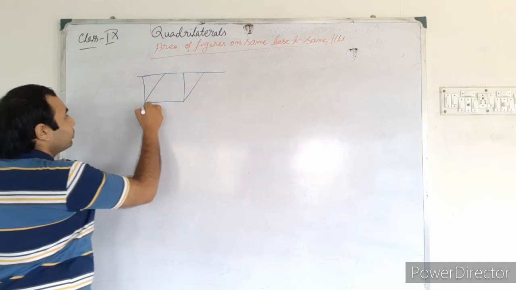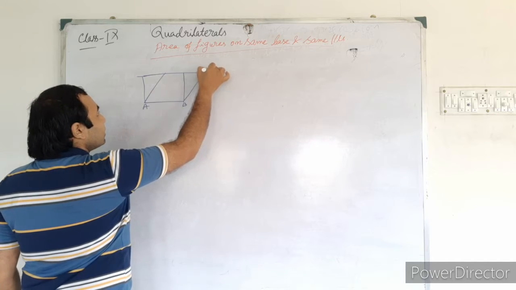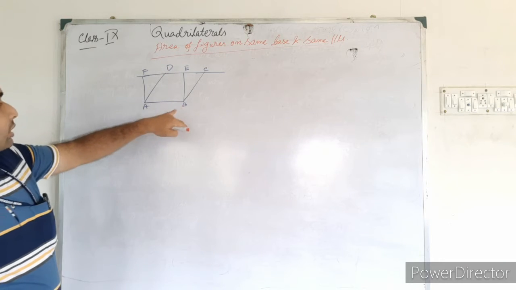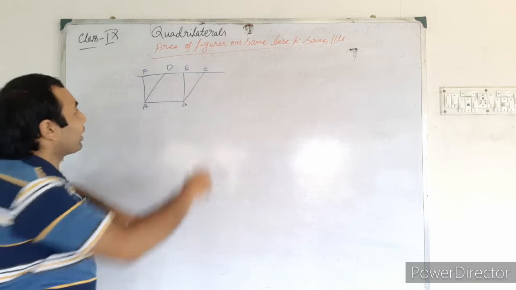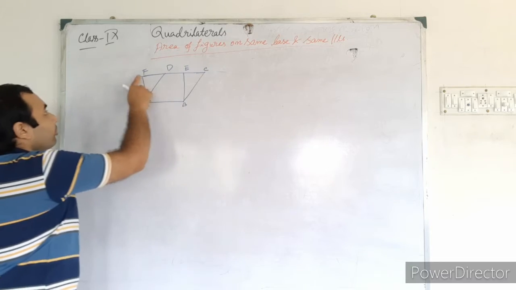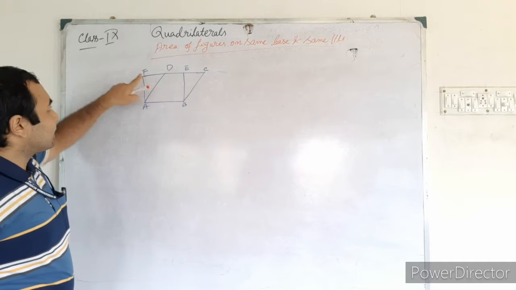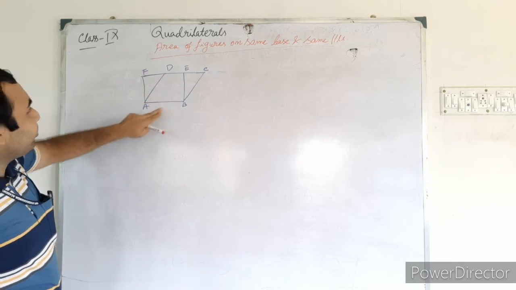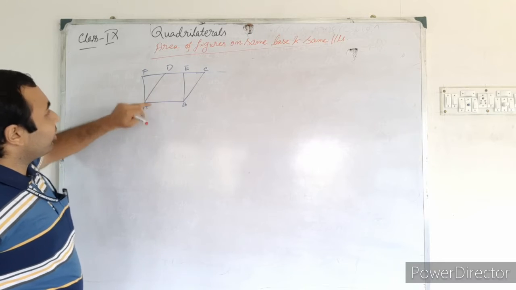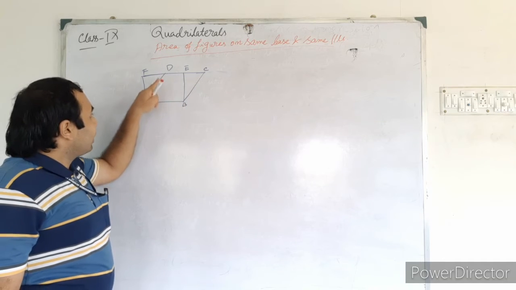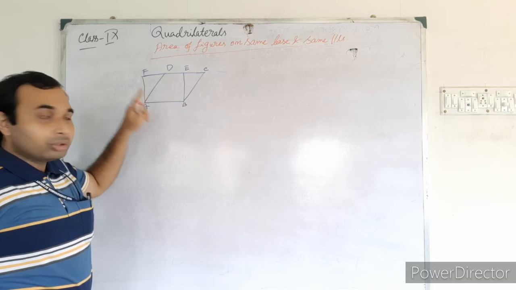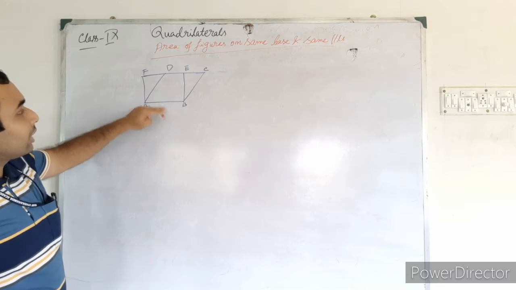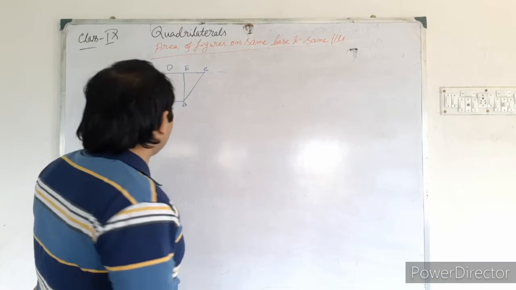Just see, we give the names AB, CD, E, F. Students, this AB is parallel to the line CF, and ABCD and ABEF, those two parallelograms, are at the same base AB. So obviously those two parallelograms are at the same base and same parallels.